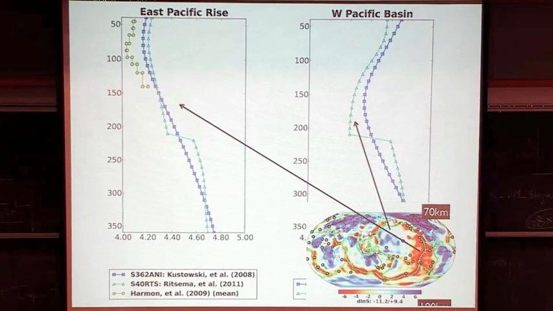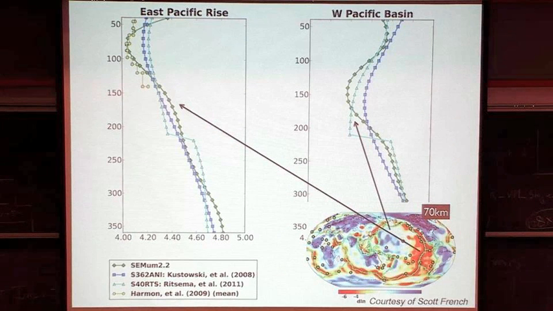This is, for comparison, a profile in the Western Pacific showing that the low velocity minimum has become much deeper. Ritzema's model has this jump because they include the 200-kilometer discontinuity, so it looks a little funny because of that. And then if we compare with the model we are obtaining now with the numerical models, this is the green line here.